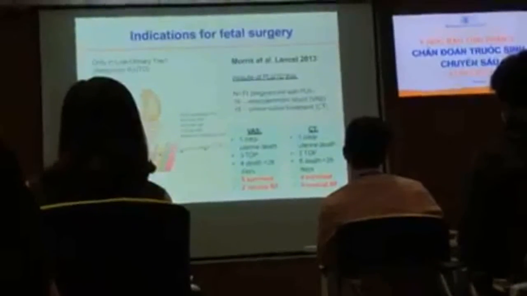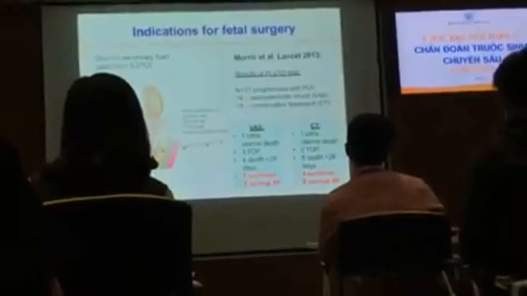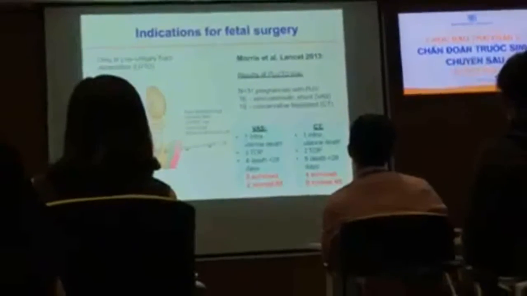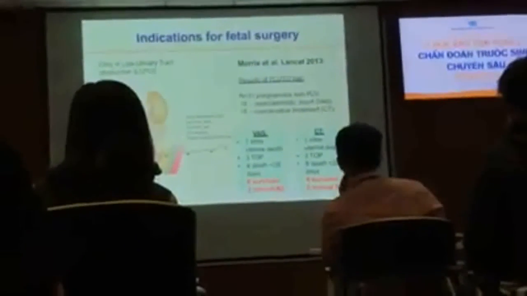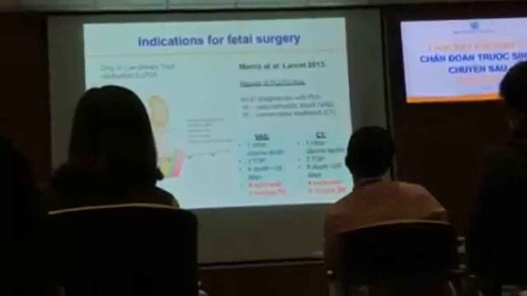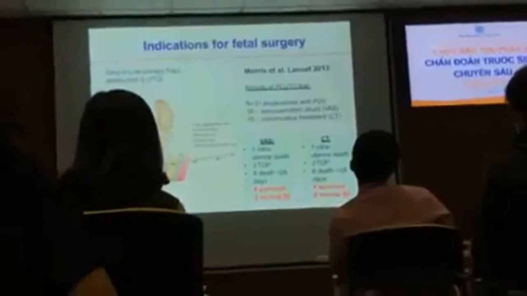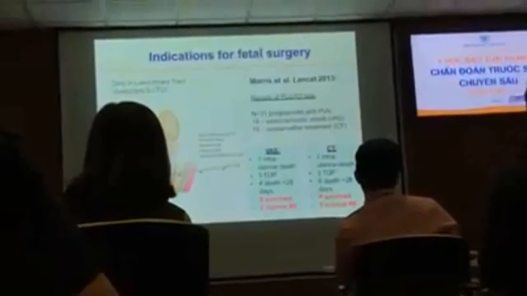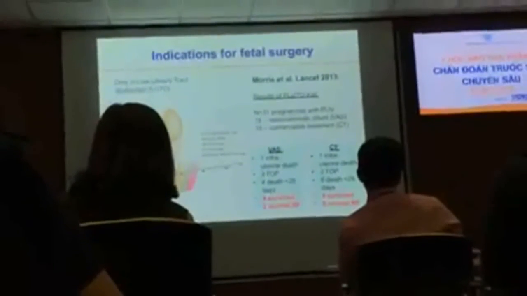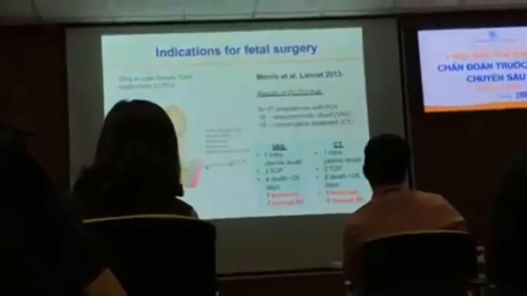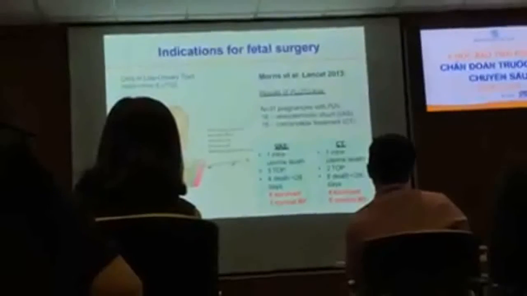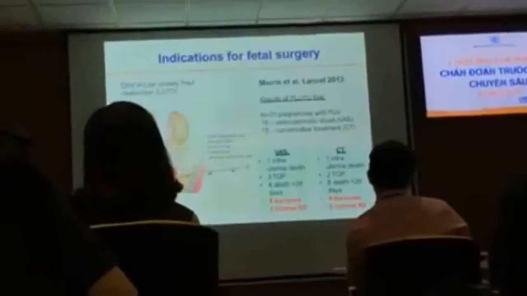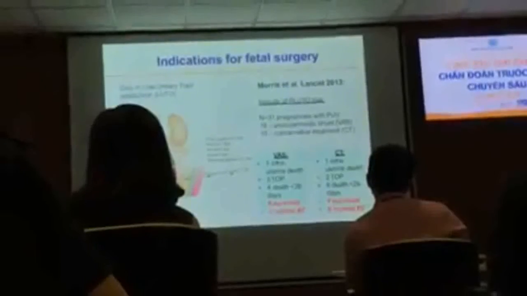They had 31 pregnancies with this indication. They did 16 shunting studies. This is the result. And they had a conservative treatment group, just observation. Then we can see they had 1 IUFD, 1 demise, and 3 terminations of pregnancy, versus 2 terminations of pregnancy. And they had 4 deaths before 28 weeks, versus 8 deaths before 28 weeks.